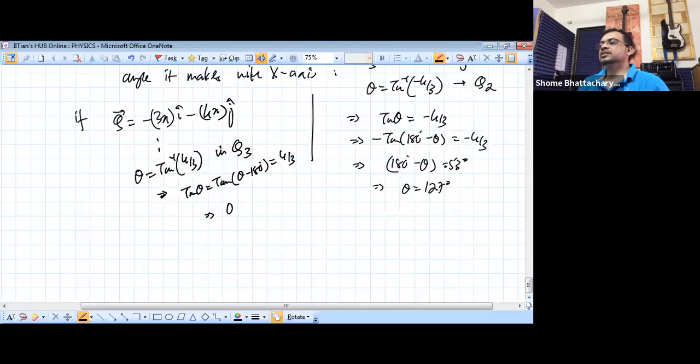So this will tell us that theta minus 180 degrees is equal to 53 degrees, or theta is equal to 180 plus 53. So that is this kind of situation. The vector Q is like this, where this angle is 180 plus 53, or 233 degrees.